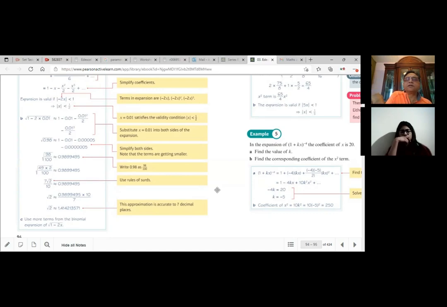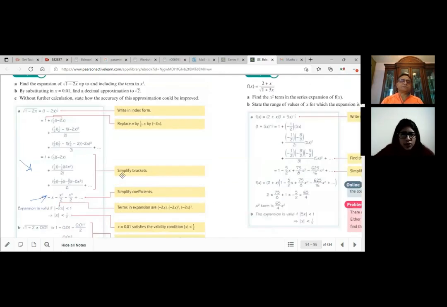So we have 98 over 100, right? Which is written as 49 times 2. 49 is 7 squared, so 7 has been taken out and square root 2 remains inside. So now we find the value of square root 2 as the product of the approximate value into 10 divided by 7. Do you see how, using this particular formula, they have actually calculated the value of square root 2 accurate to 7 decimal places?